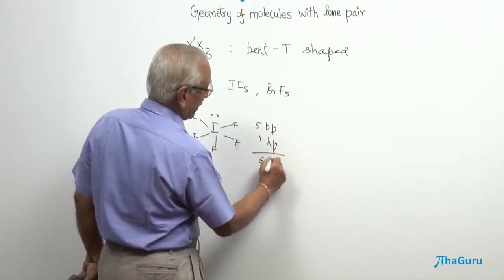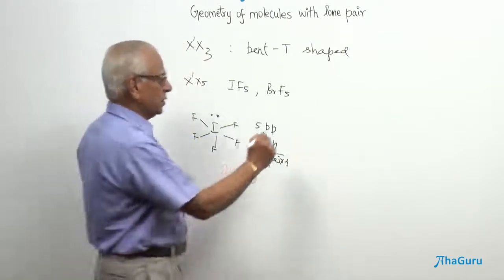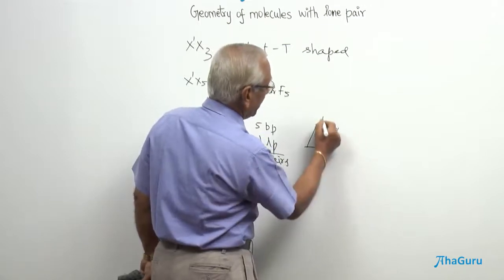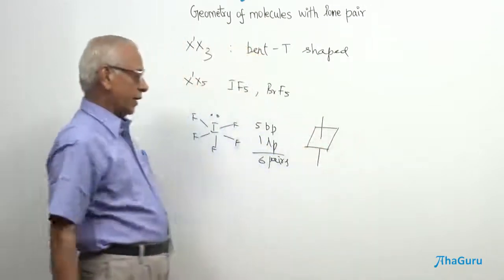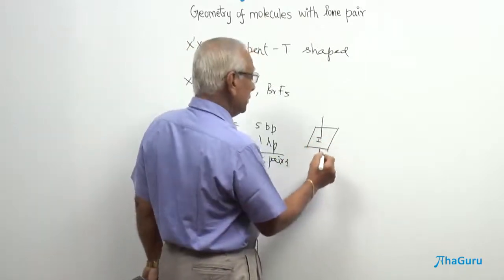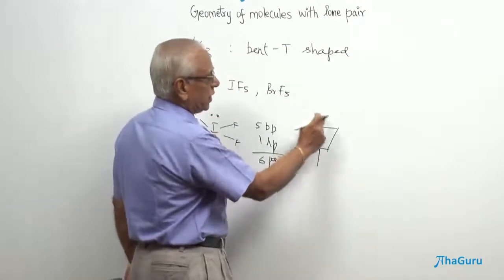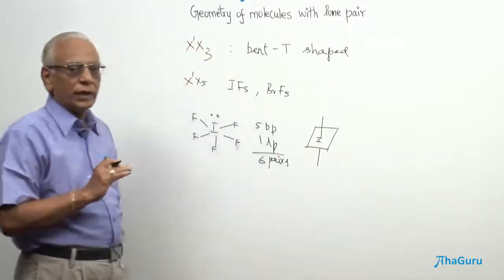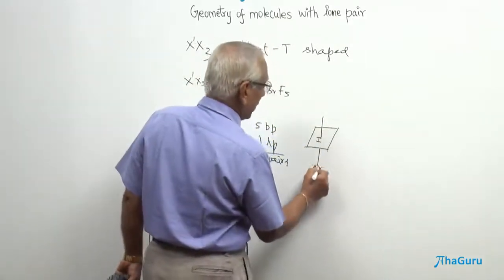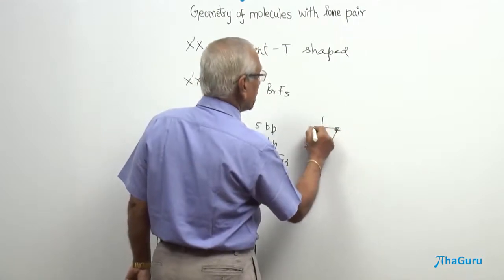So, 6 pairs of electrons, and with 6 pairs of electrons, we are going to propose an octahedral shape. You see here iodine. I told you in octahedral there is no question of equatorial or axial, so let me put the lone pair here and fluorine on the other 5 corners.